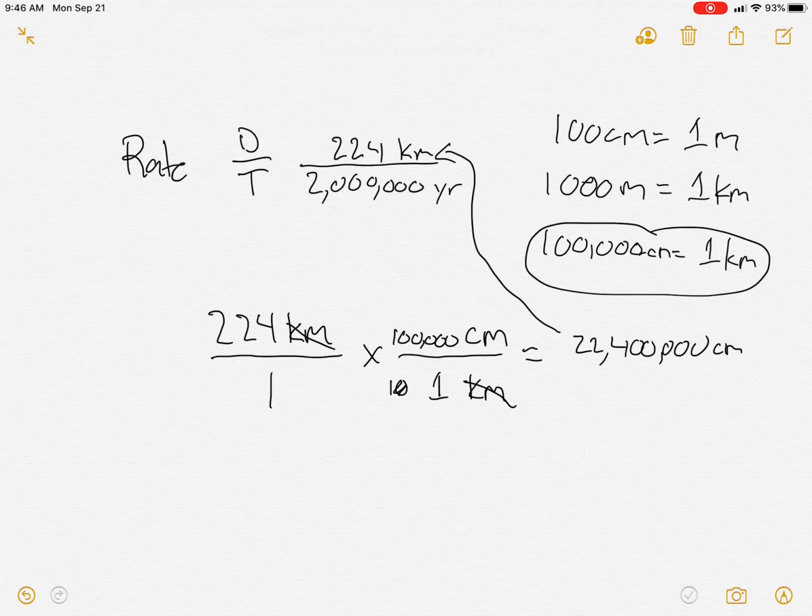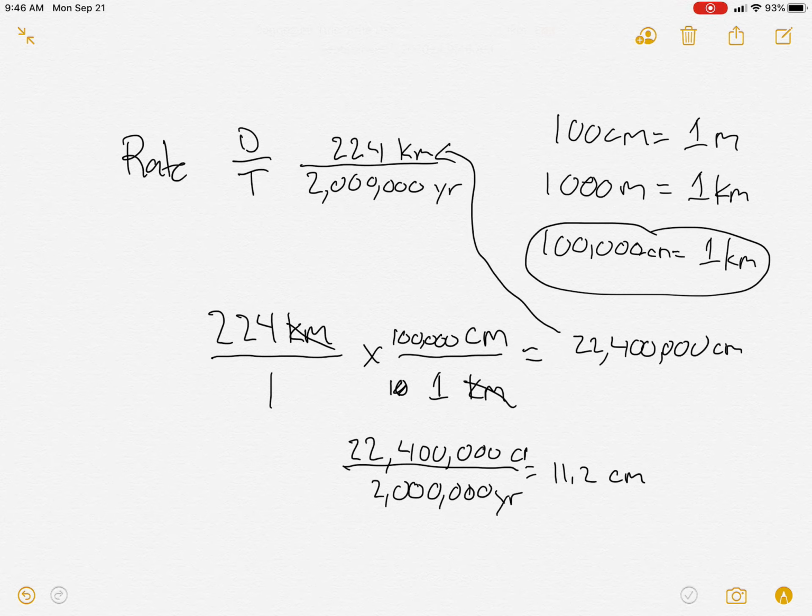So now we're going to take the 22,400,000 and divide that by 2 million. And when we do that, let's see, I'll do that in my little calculator just to make sure I do it right too. We get 11.2, and that's in centimeters. And of course, this is years and this is centimeters, so it's centimeters per year.